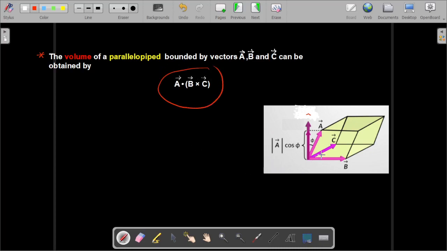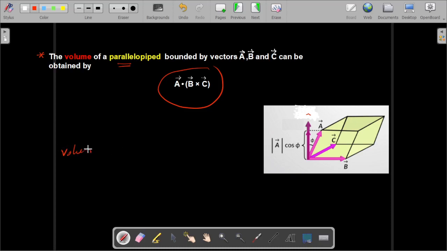Okay, look at this. What is the formula of, sorry, this is a parallelepiped. What is the formula for the volume of a parallelepiped?